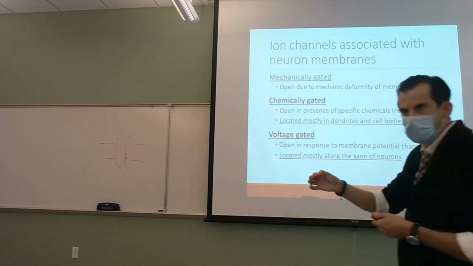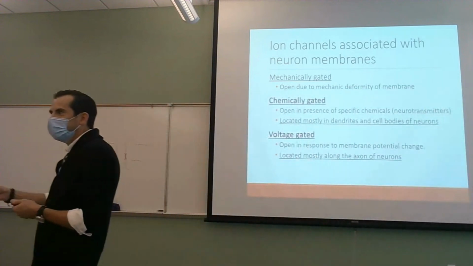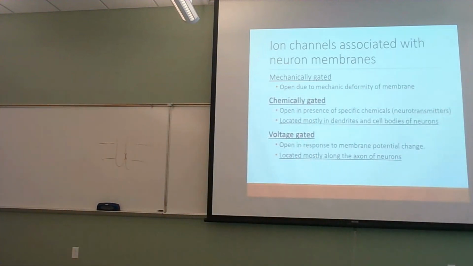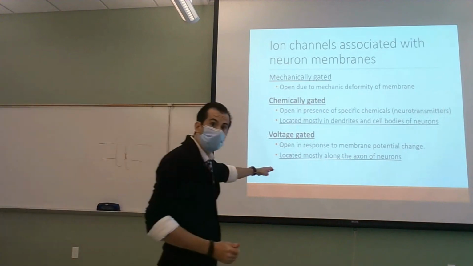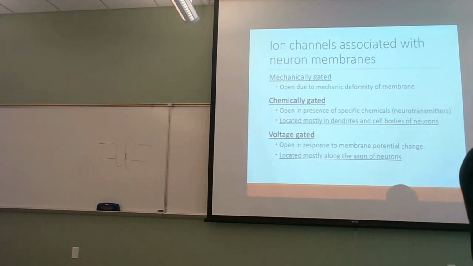You need the voltage around that channel to change by a particular amount. We're already at minus 70 millivolts. It needs to deviate from minus 70 millivolts a predetermined amount, then it opens. We only see voltage gated channels along the axons. And because we're looking at a predetermined voltage change, we call that a threshold.